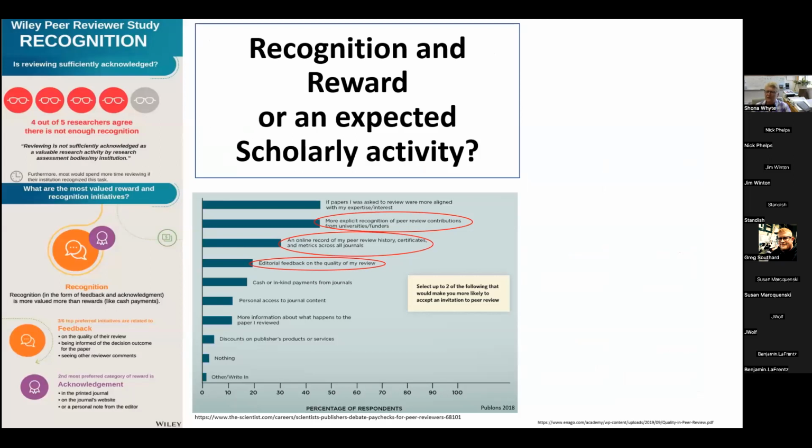In terms of recognition and reward, most reviewers feel that there needs to be better recognition, both from their own institution for the effort that's put in as a scholarly activity, and also from the journals, that they need to have better feedback, and there needs to be better acknowledgement of reviewers that have participated in this process throughout the year.